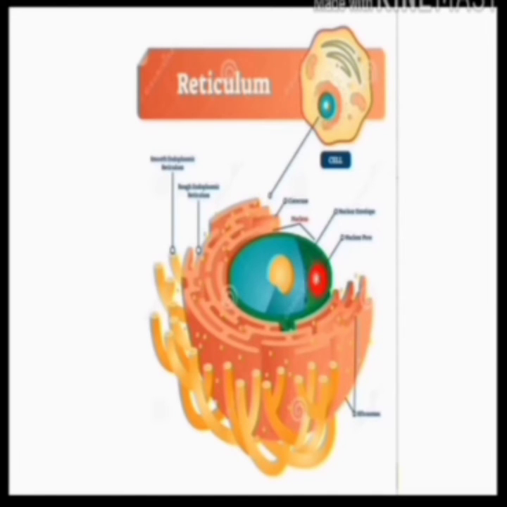We see in this figure the nucleus, and it extends all around the cell, and its two types we will discuss later. Here is the rough endoplasmic reticulum, or RER, and this is the cisternae, the cistern-like structure of rough endoplasmic reticulum, and these are the tubules, that is the smooth endoplasmic reticulum.